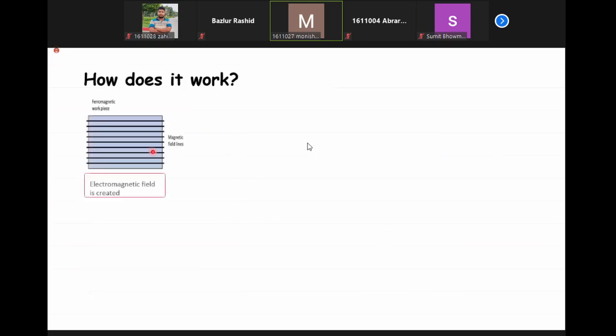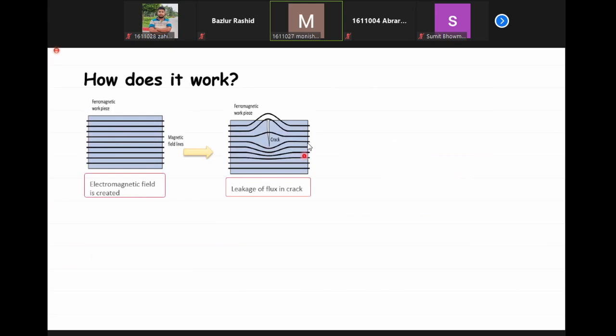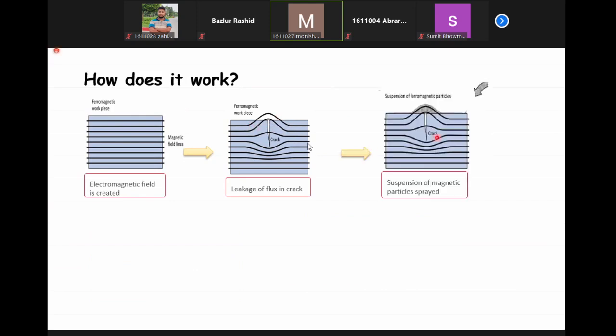So how does it work? Firstly, magnetic fields are applied, and if there is any crack, then magnetic flux leakage occurs. Then a suspension of magnetic particles is sprayed onto the substrate.